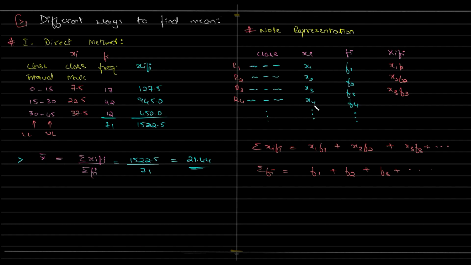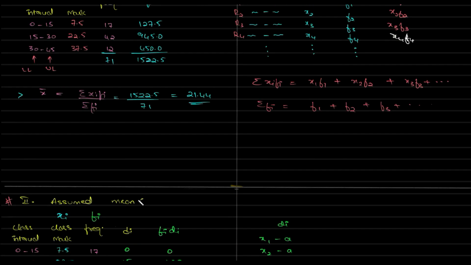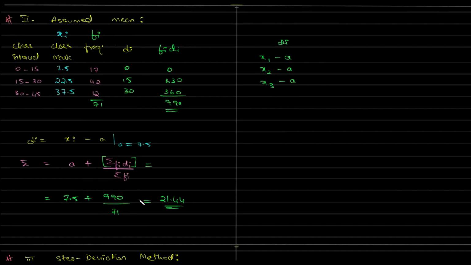So in the fourth row, it will take X4 and F4, and the product will be X4 F4, right? It's the same with Di and Ui and everything. So the direct method is not too easy with such weird numbers. We need to use a calculator, which is not possible in your exams.